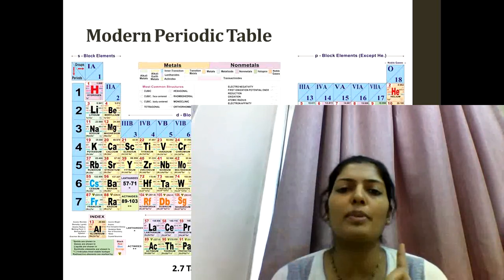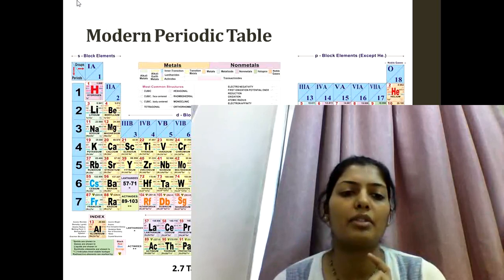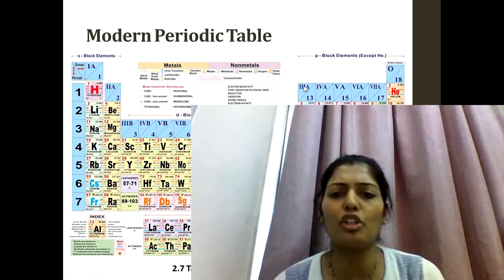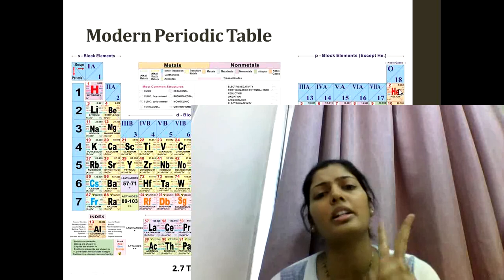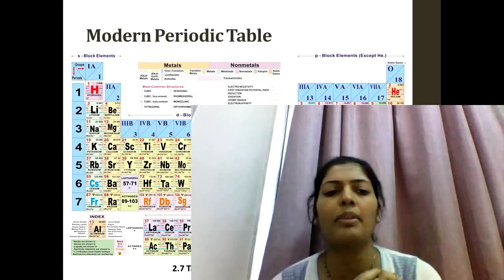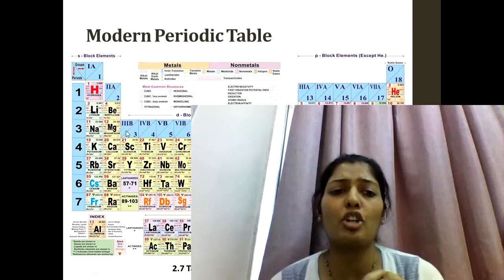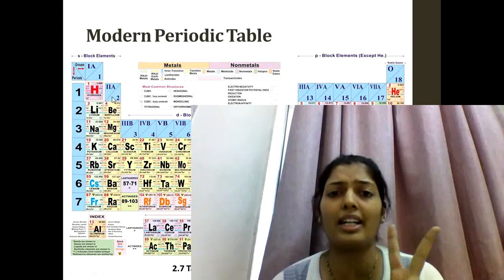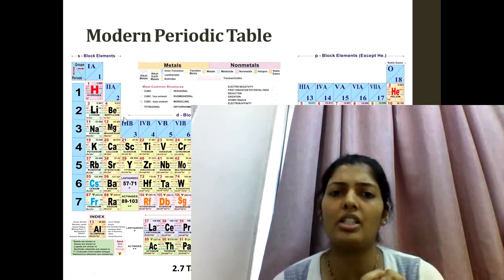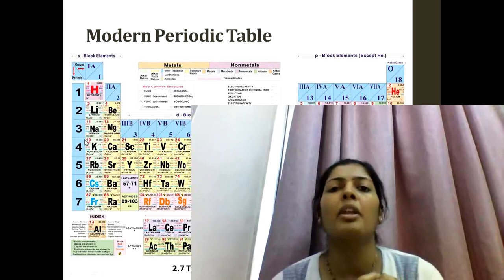Here you can see the first period. The first period is called the shortest period, containing 2 elements, hydrogen and helium. The second and third periods are short periods. The first is shortest, the second and third contain 8 elements each. The fourth and fifth contain 18 elements each.